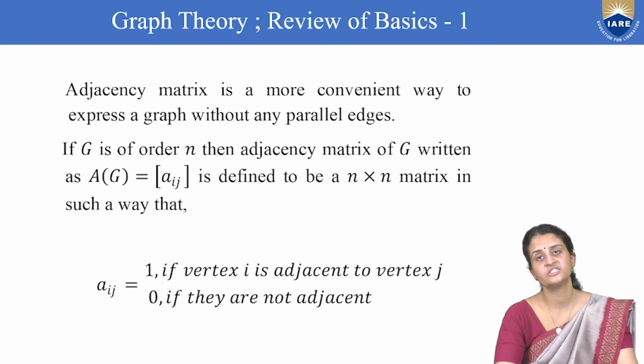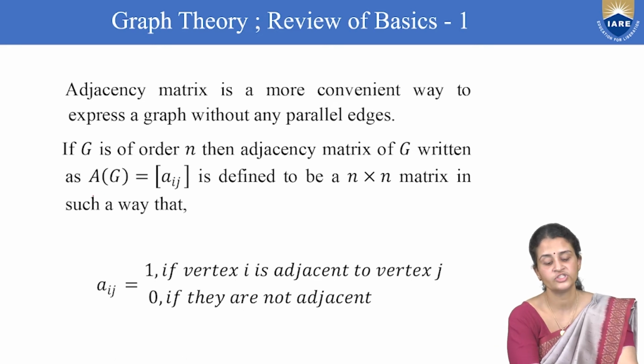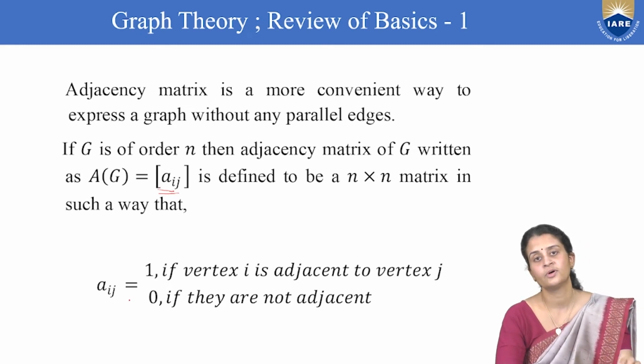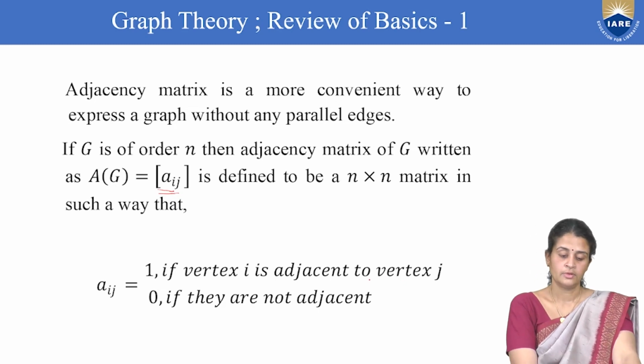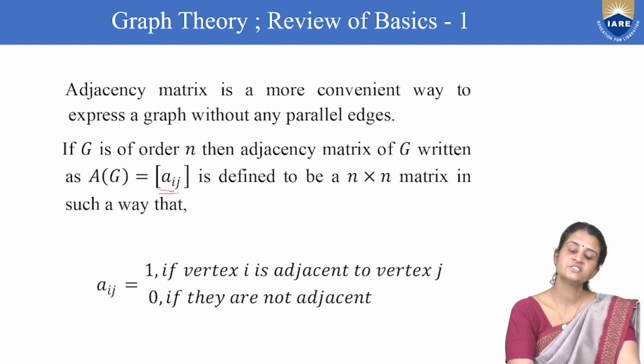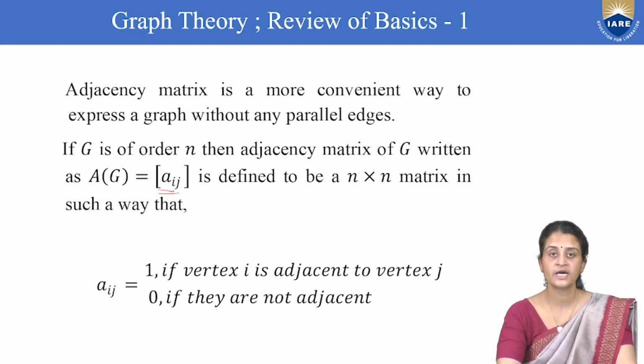Then we define the adjacency matrix A of a graph G to be A = [aij]. The entry in the ith row, jth column is 1 if vertex i is adjacent to vertex j. The adjacency matrix is a more convenient way to express a graph which doesn't have any parallel edges.